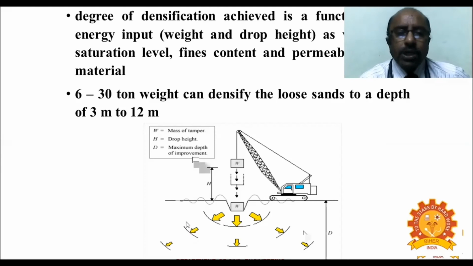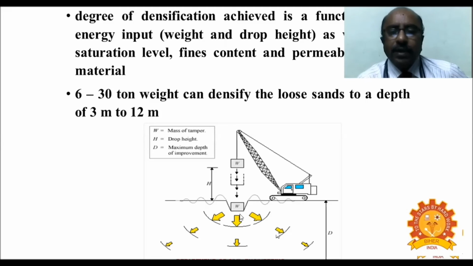And this picture clearly shows that when the weight is dropped from the height H, it causes vibration in the soil layers below over a larger diameter, and that is why the dynamic compaction occurs, and on a greater scale.